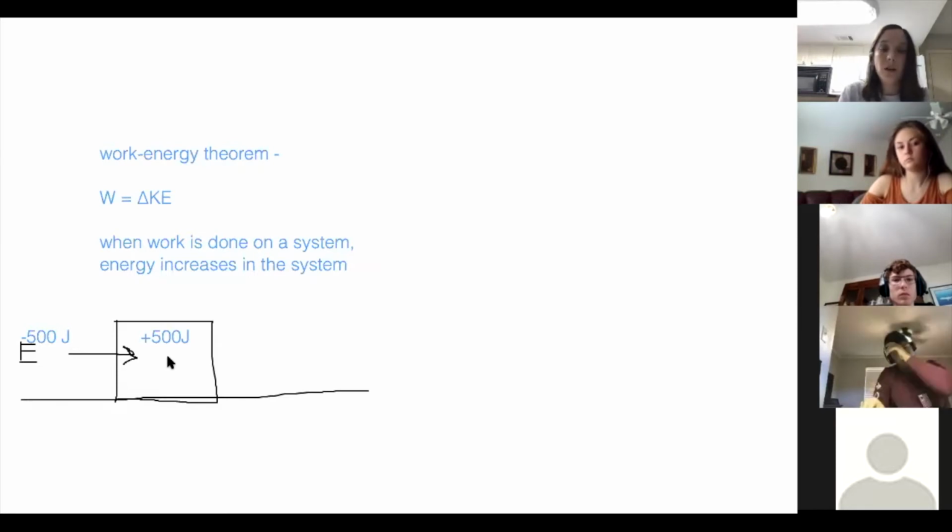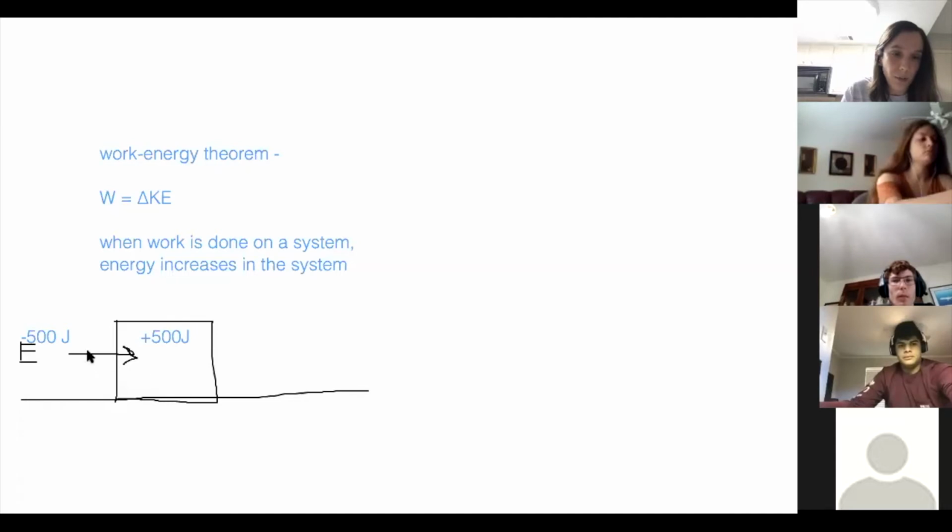Now, there are cases, and this would be true for any case where you have friction, where some energy would go into the ground. So it's not exactly true that all of your energy will go into the box, because some would go into the ground, some would go into the air, and so on. But the majority of the energy would go into the box.